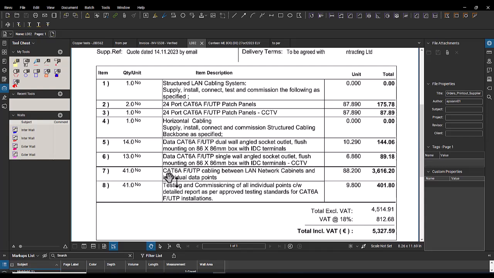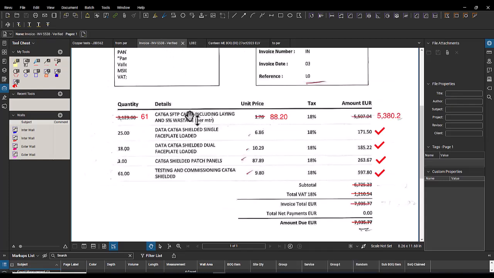As I told you earlier, the rate is as per points. So here, 41 points, and the price per point of cabling is 88.2. But his invoice is by meter. He changed it to by meter.